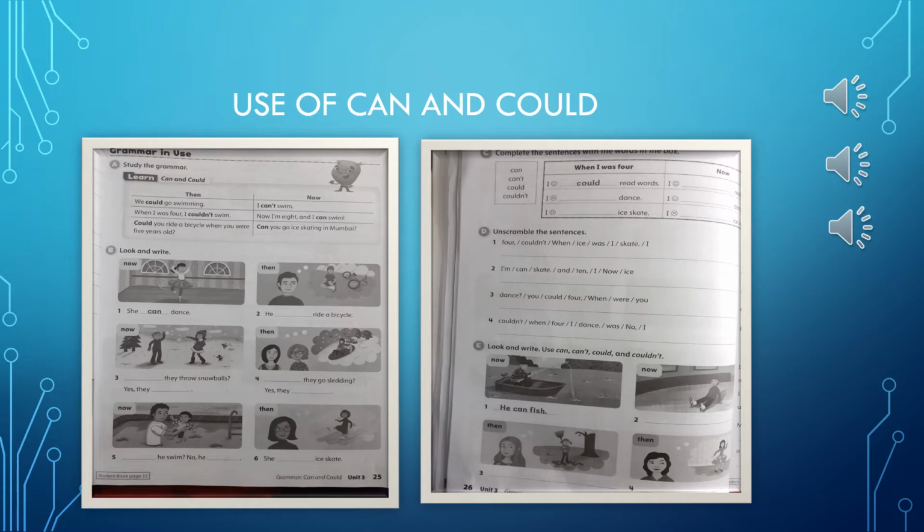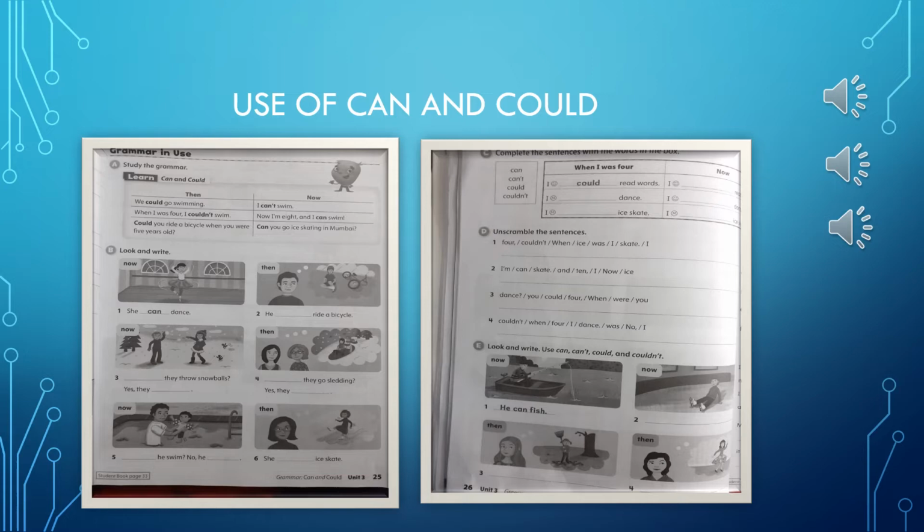One box shows when I was 4 and the other box shows now. Because when you were 4 years old, that is past, and now is present. So they have given you some sentences and you have to fill these in using could and couldn't for when you were 4, and the now sentences would be completed using can and can't.